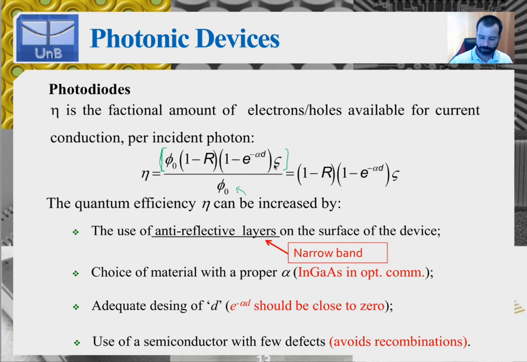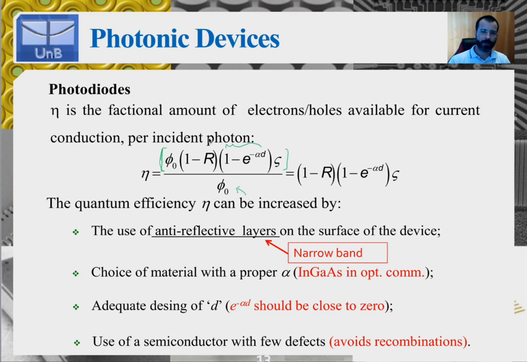So this right here is the fraction of photons which are actually absorbed at a distance d from the interface, and this parameter here is the fraction of absorbed photons which are actually converted into a photocurrent. And the reason that they would not be is what we just said, right? Some of the photons could be converted into phonons, into temperature, or they could recombine after being generated inside the device, right?